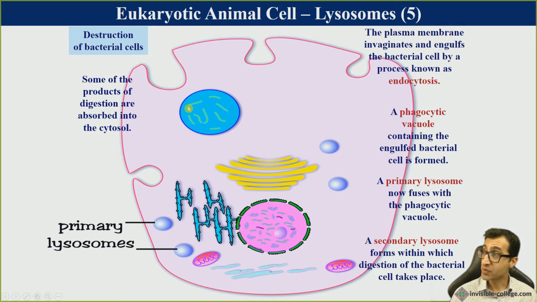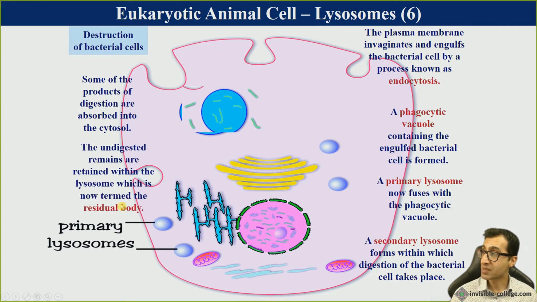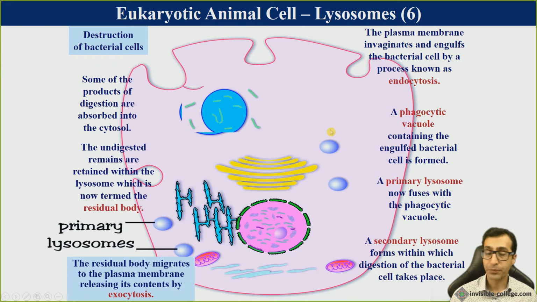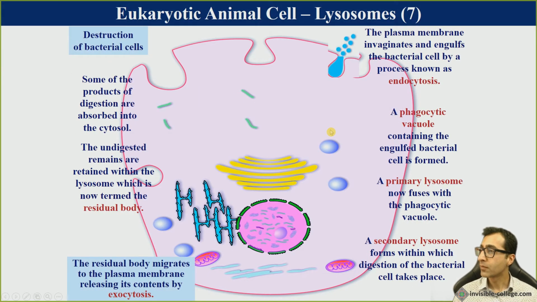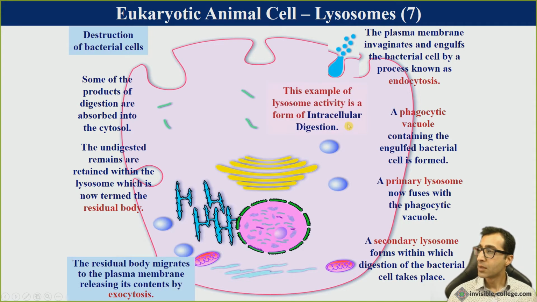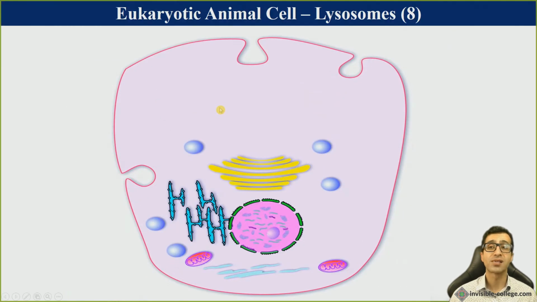Then some of these useful products of that digestion are absorbed into the cytosol and are used by the cell, but some of them can then be exocytosed and moved out of the cell. So this is an example of lysosomes being used for intracellular digestion taking place inside the cell.